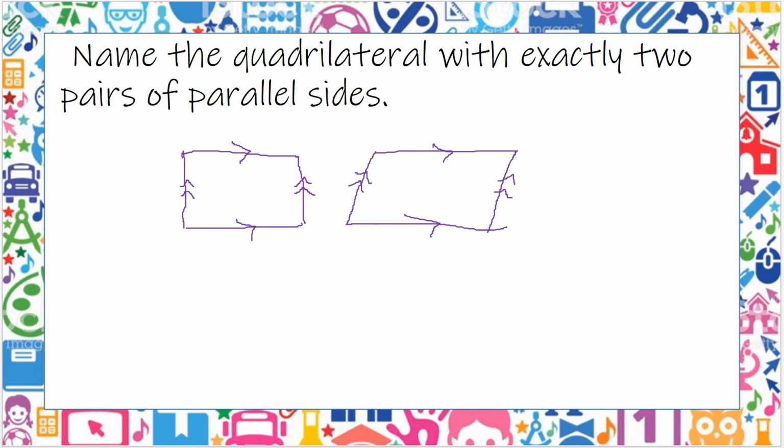So a quadrilateral with exactly two pairs of parallel sides can be both a rectangle and a parallelogram. But a rectangle is a parallelogram. So exactly two pairs of parallel sides is a parallelogram.